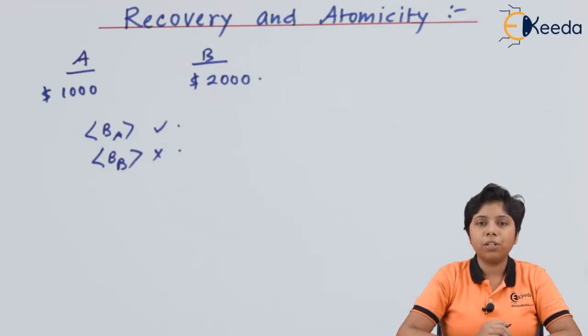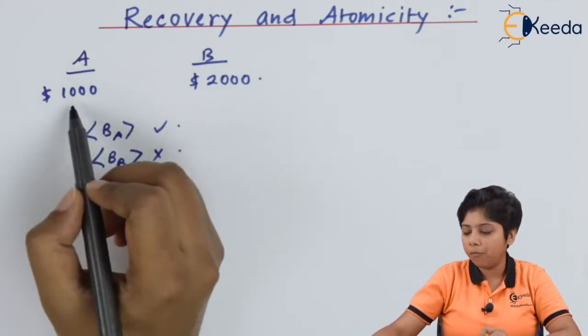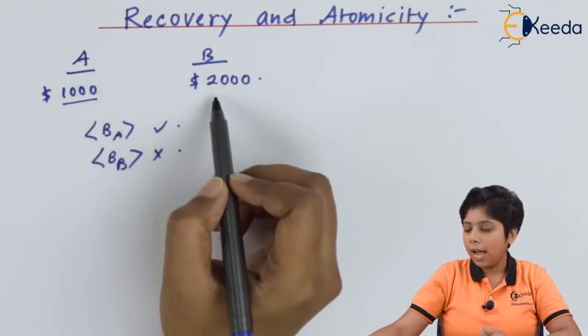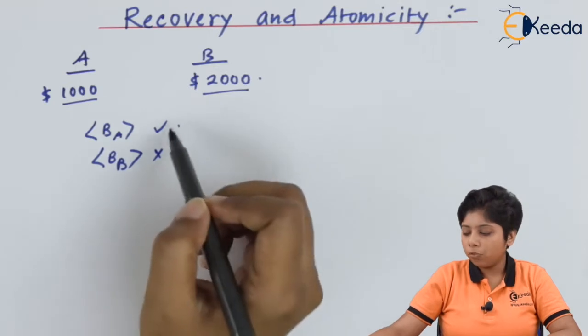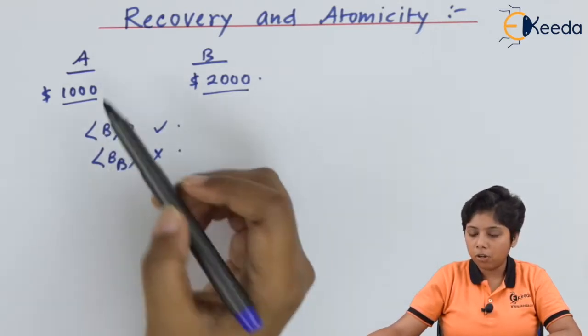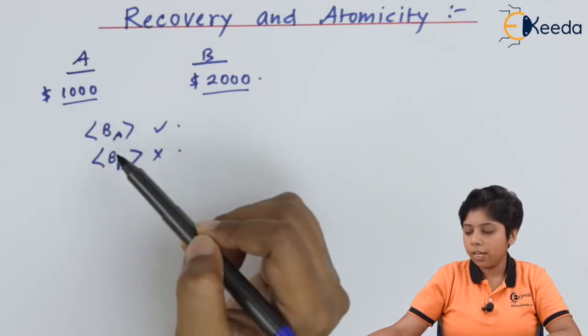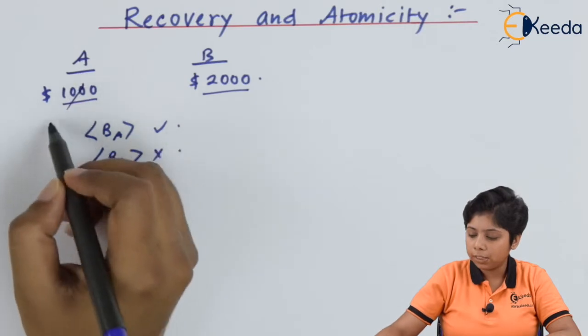The result will end the transaction in an inconsistent state, and the results are not atomic in nature, because a transaction is complete only when there is a 50 deduction from A and a 50 addition to account B. First we maintain the log record for A, and then we buffer this value with the update of 50, which is 950.